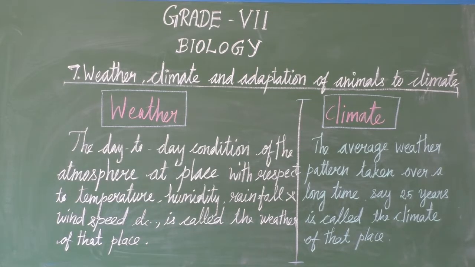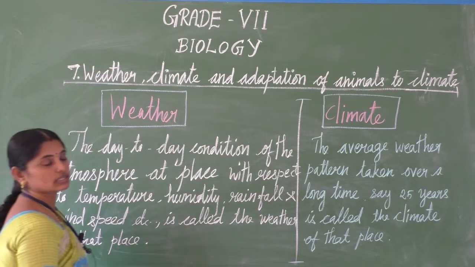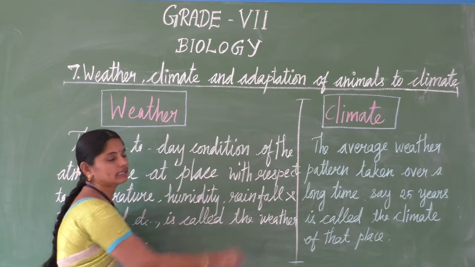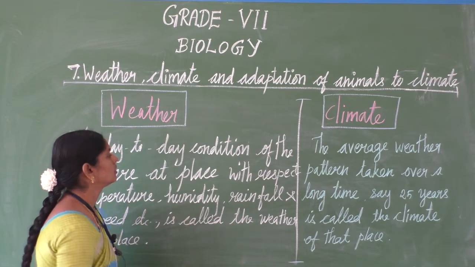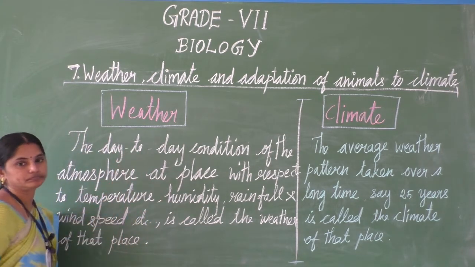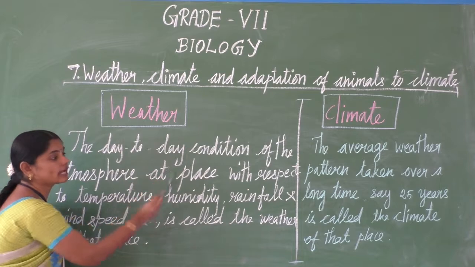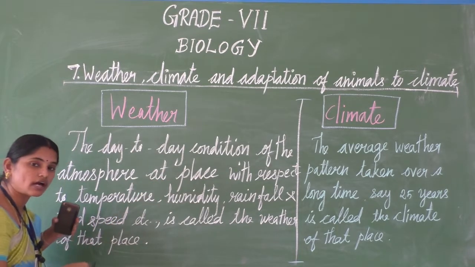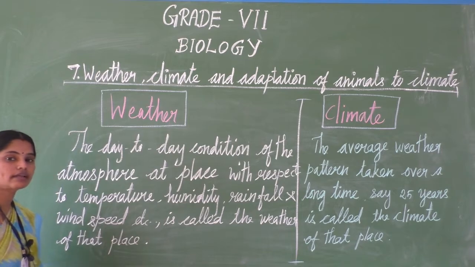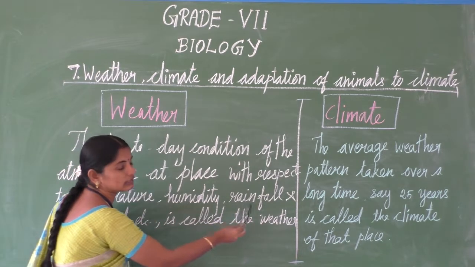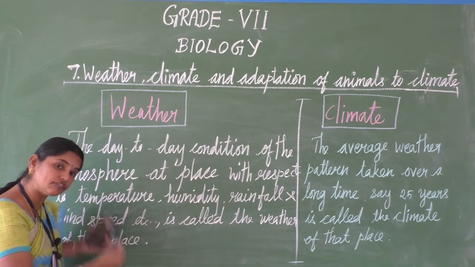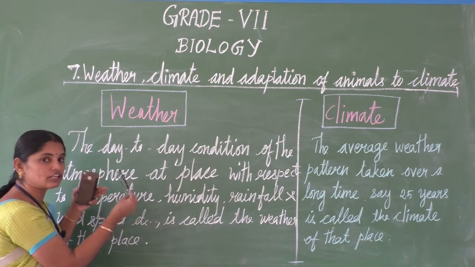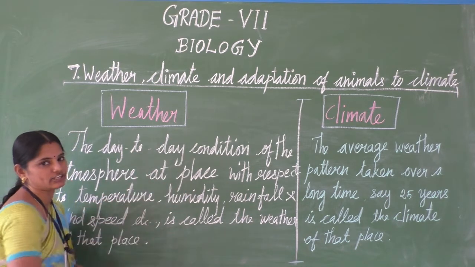See, children, now we are going to see the difference between weather and climate. Clear? Weather is the day-to-day condition. What data are we collecting? Temperature, humidity, rainfall, wind speed, like that different data we are collecting and giving the information about day-to-day conditions.